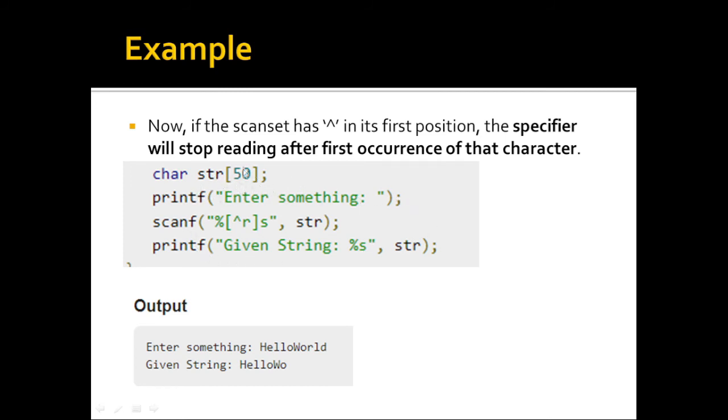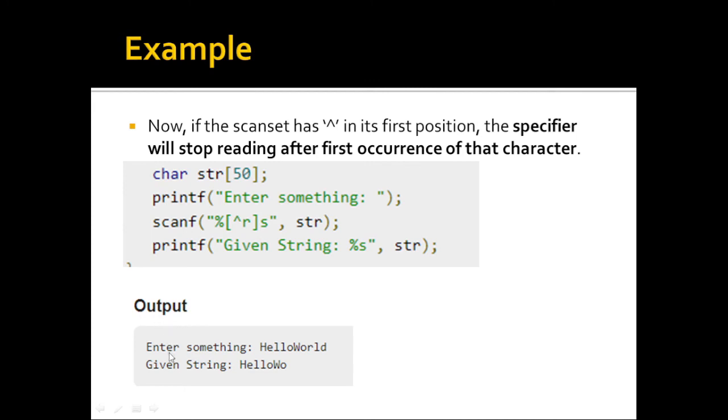We have again a string, enter something. So scanf %s, but inside here is caret R. That means once we press letter R, then it will stop scanning what you are pressing on your keyboard. So printf given string %s str.